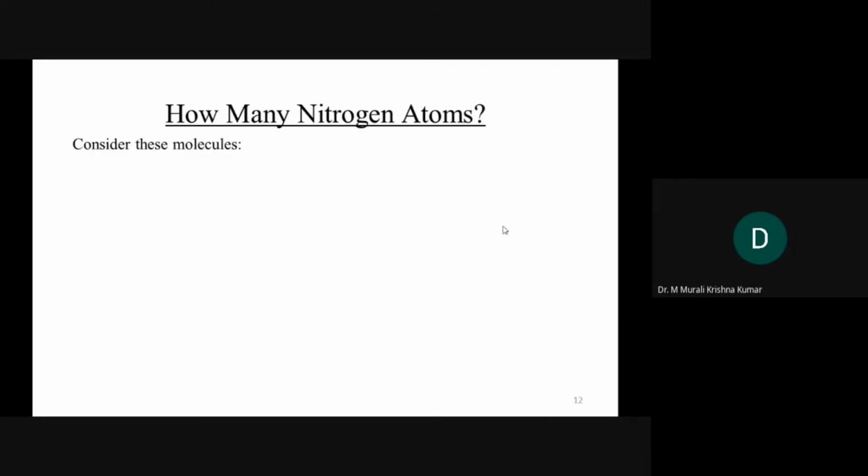That is about the contributions from M plus 2 ions. The next one is the nitrogen rule. The nitrogen rule is straightforward and most of you are aware of it, so I don't want to spend more time on it.